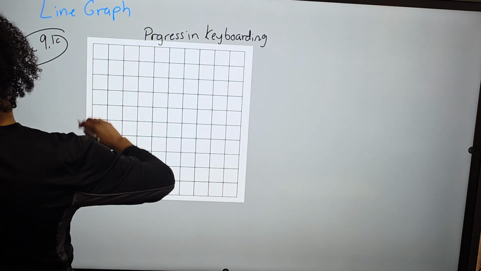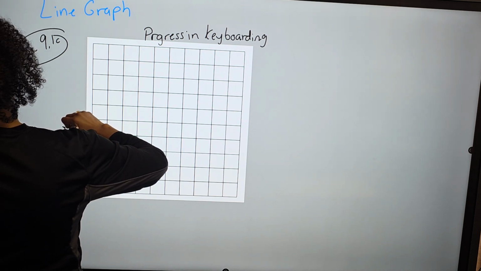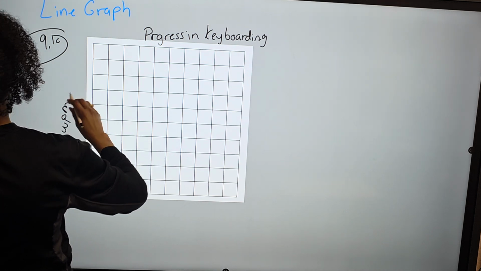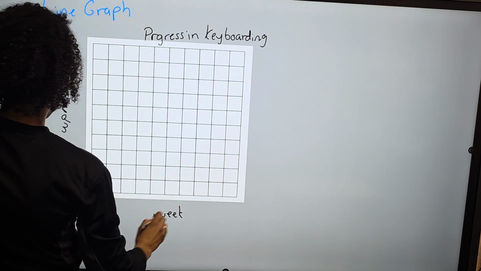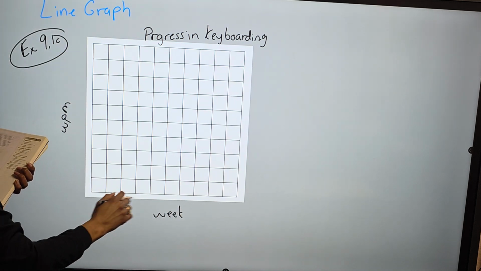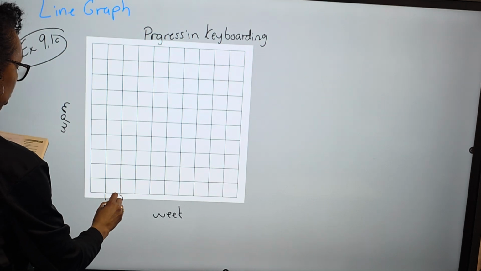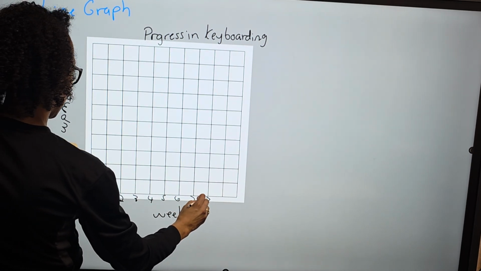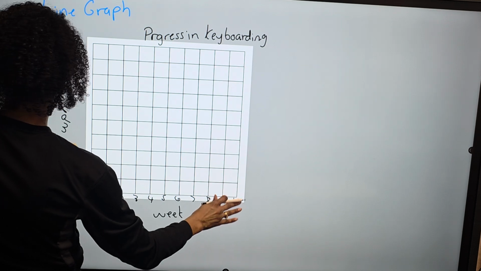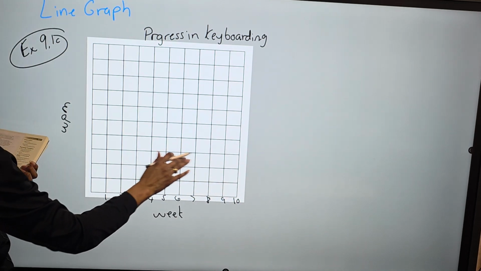But we can see on the side, they've got WPM, which means words per minute. Down in the bottom, we've got weeks, and they're going in order. So we've got week 1, week 2, 3, 4, 5, 6, 7, 8, 9, and 10 for my graph. Goes a little further on the other one.